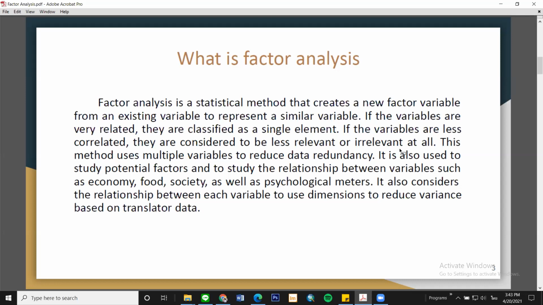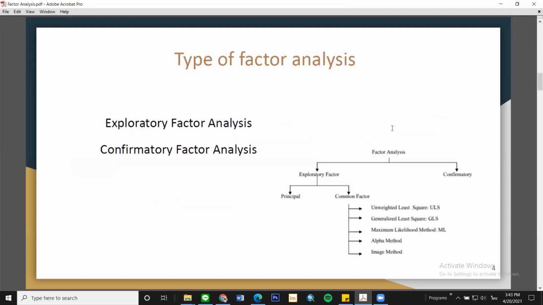Variables within the same element are highly related. On the other hand, variables with little or no relation to each other cannot be used for developing, testing, or confirming an existing theory. Factor analysis has two types: exploratory factor analysis and confirmatory factor analysis.